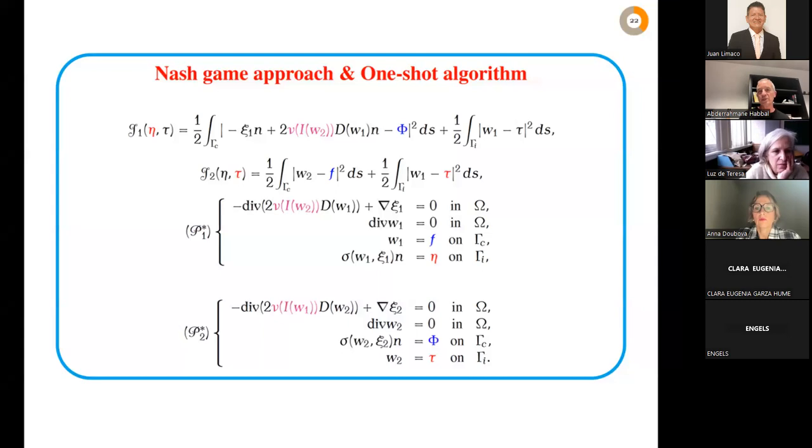And what we were praying for is that while the Nash iterations are converging to a Nash equilibrium, the linearized state equations would converge to a nonlinear state equation, because we are asking the difference between W1 and W2 to converge to 0. And so if W1 is equal to W2, we end with a nonlinear quasi-Newtonian Stokes equation. So we did this and it worked.